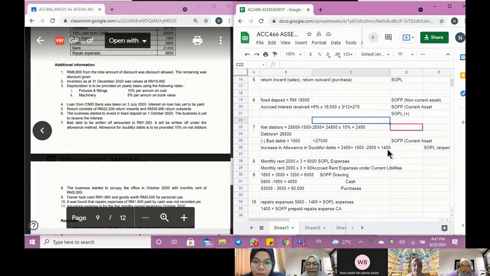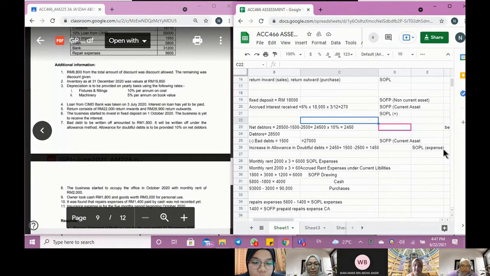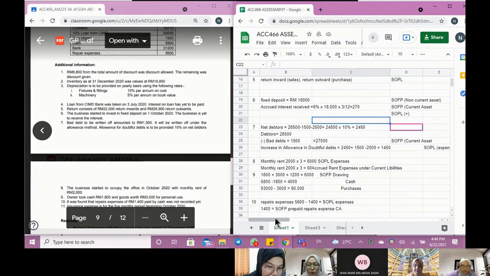It will affect the SOPL, the statement of profit or loss, under expenses.